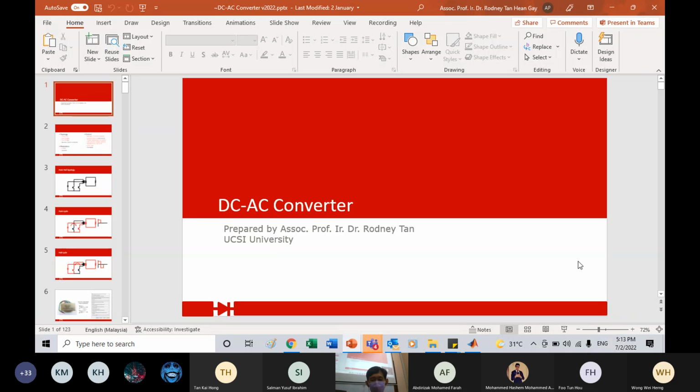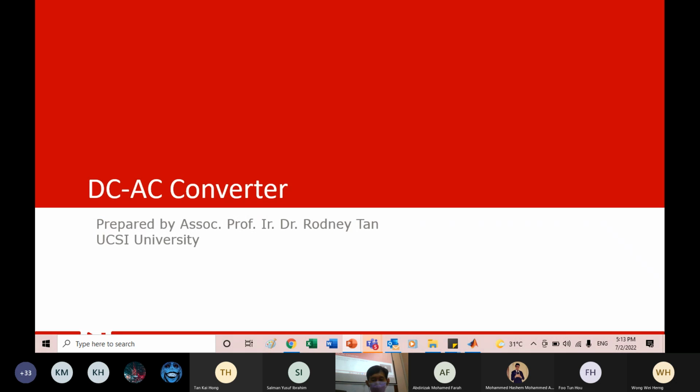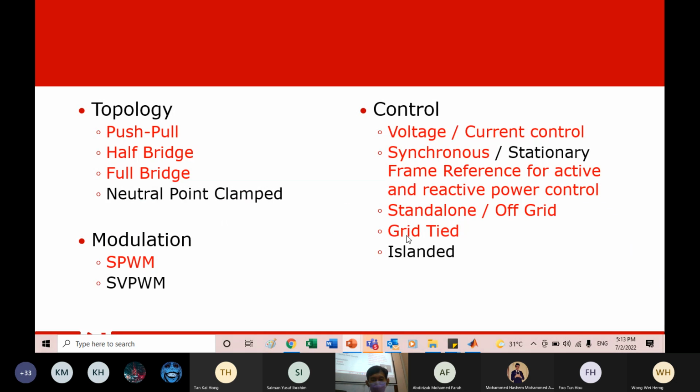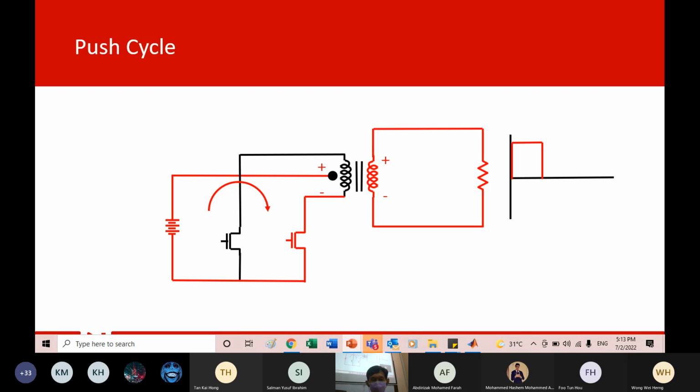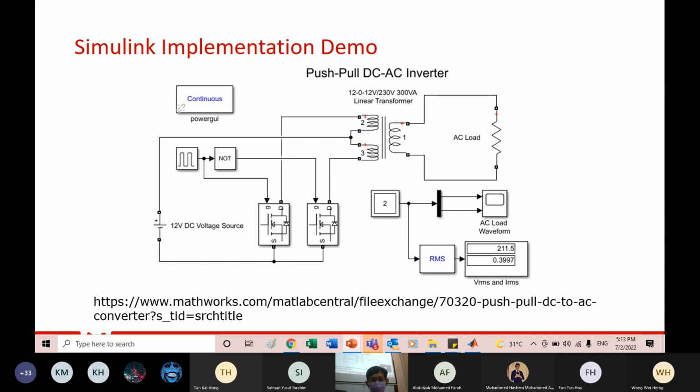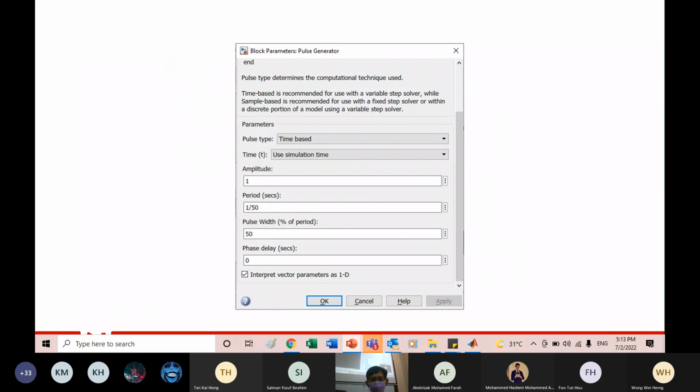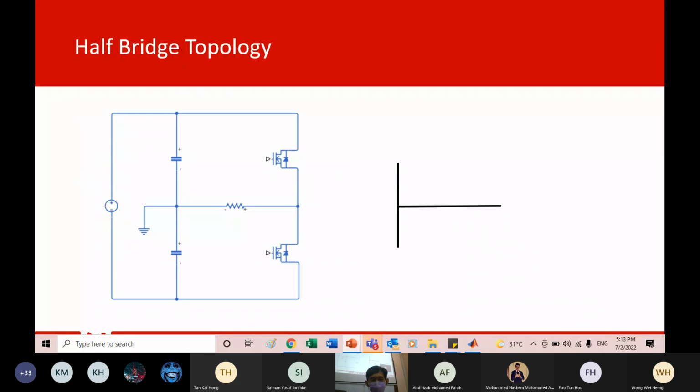Okay, so let us continue with our DC to AC converter. We have done through the push-pull DC to AC converter, and we have also done through the half-bridge topologies.